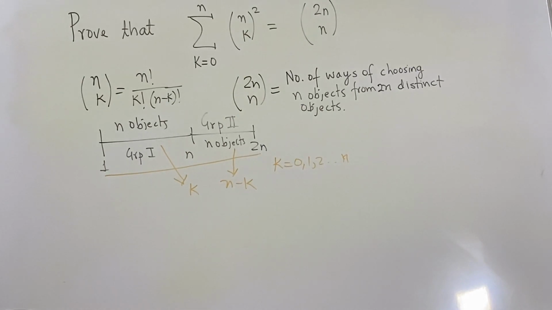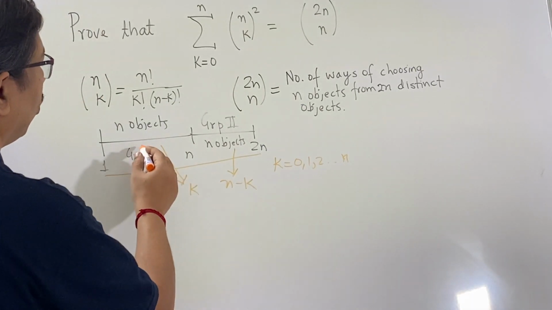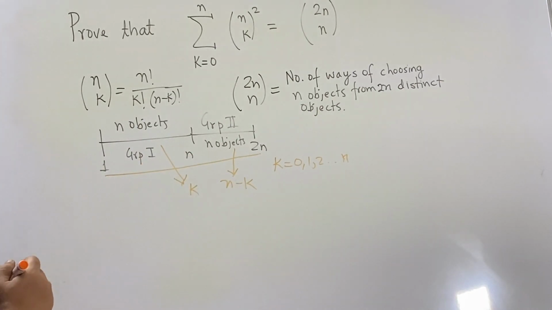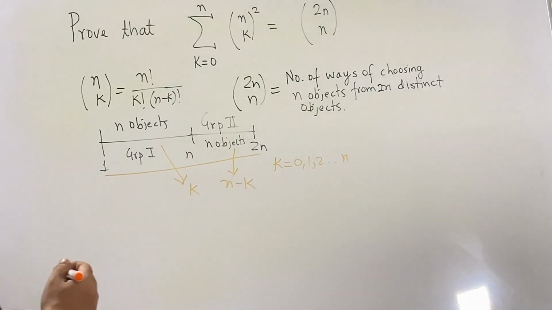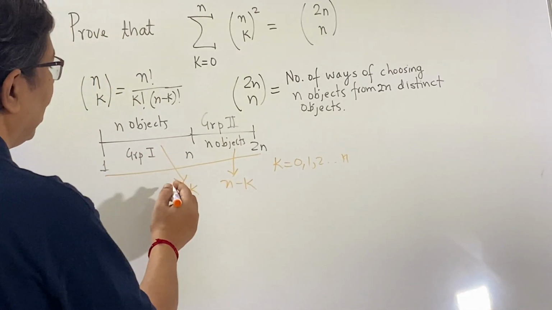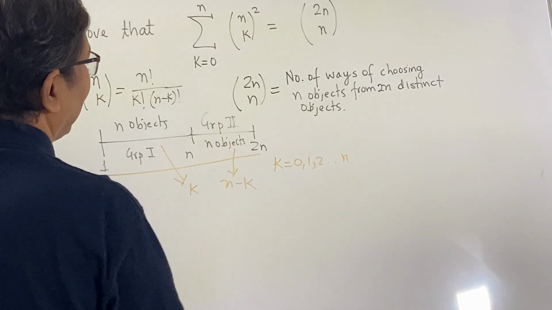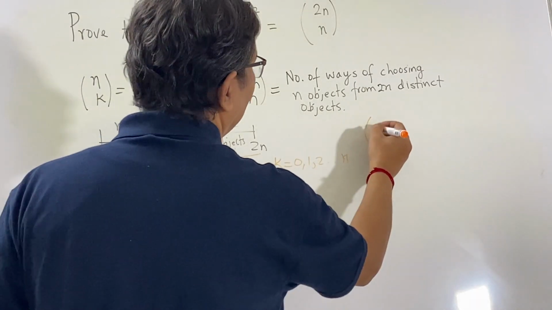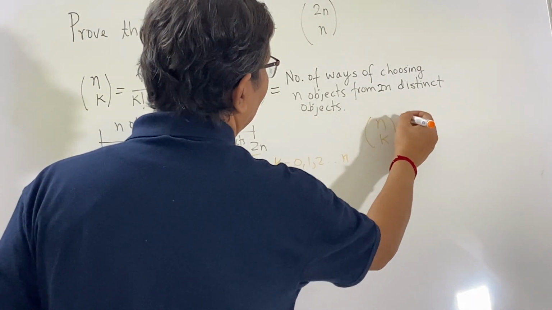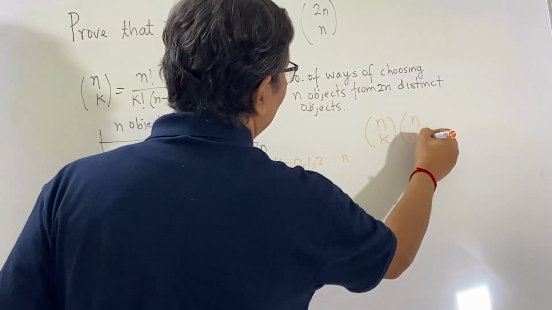Once we observe this, we know that the number of ways of choosing k objects from group 1 and n minus k objects from group 2 is nCk into nC(n minus k).